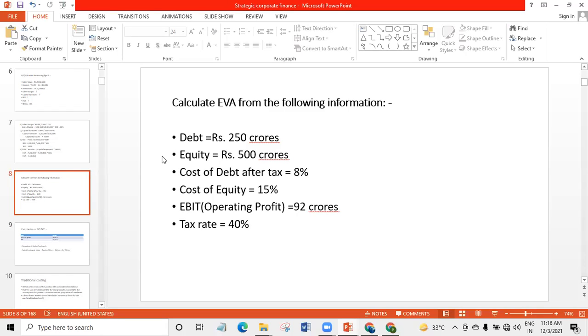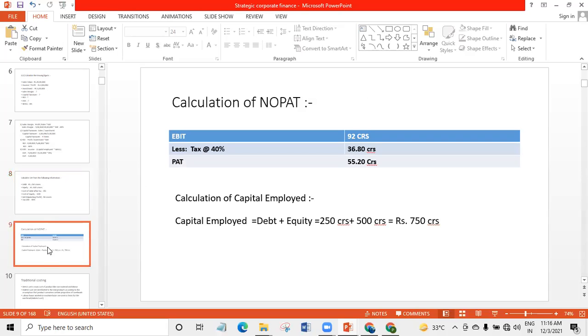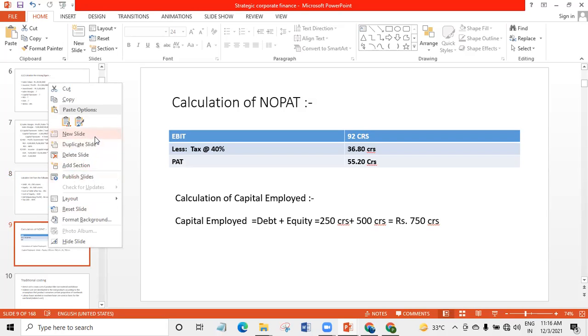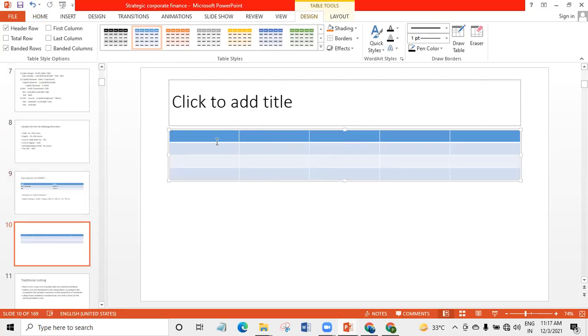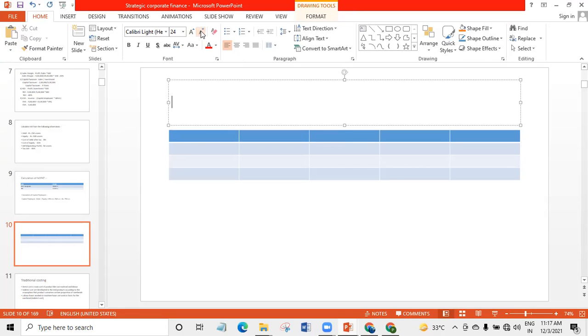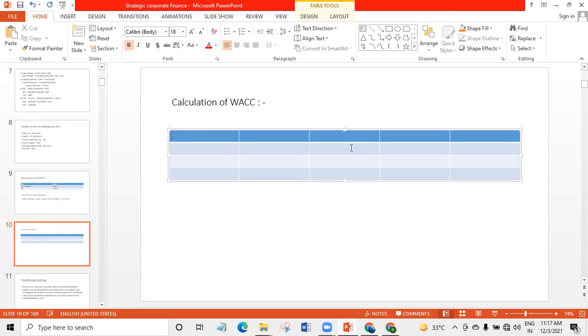Weight of equity will be multiplied with cost of equity. Weighted average cost of capital calculate करना है. 5 columns.